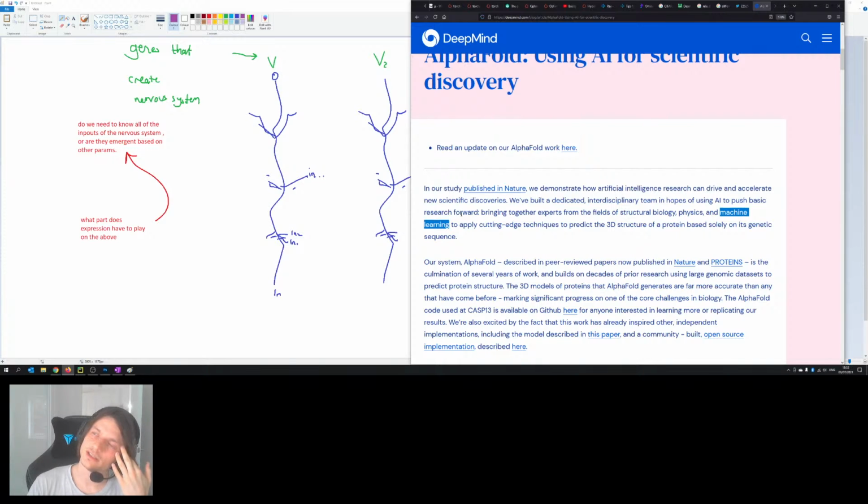Now, okay, so yeah, because then you don't have to do the experiments up front, which are probably expensive and take time. To predict the 3D structure of a protein based solely on its genetic sequence. So here it's not just the protein function, it's actually the sequence that produces the protein function. This allows us to inject function in.